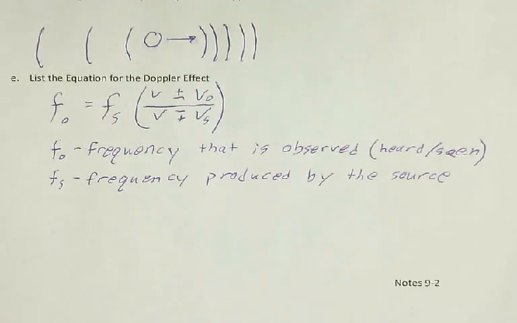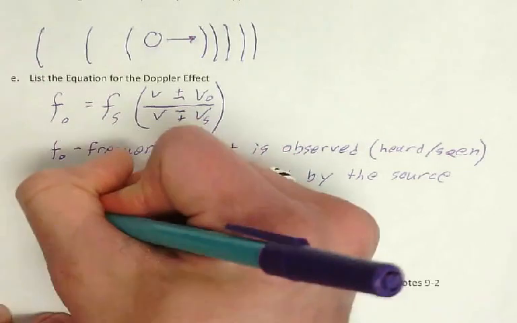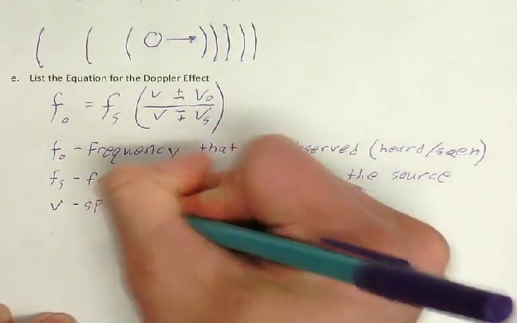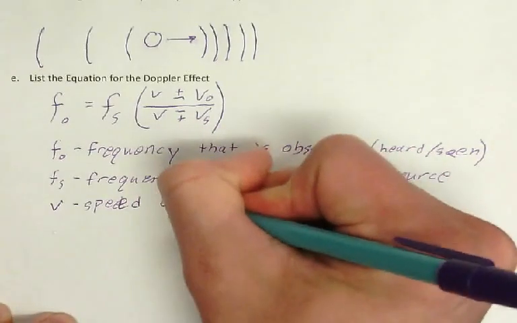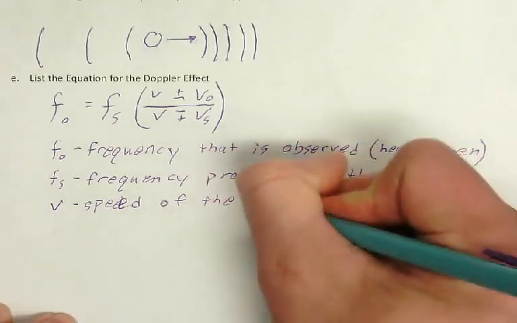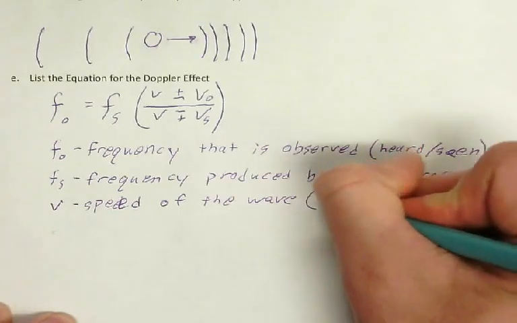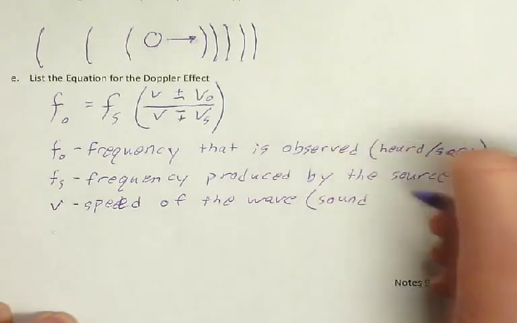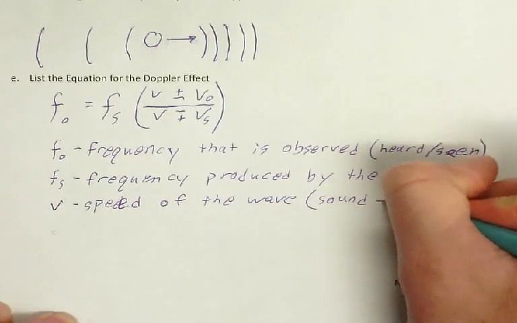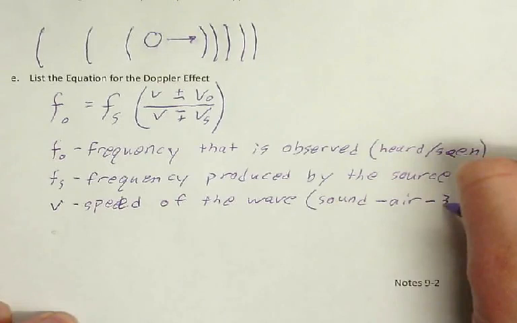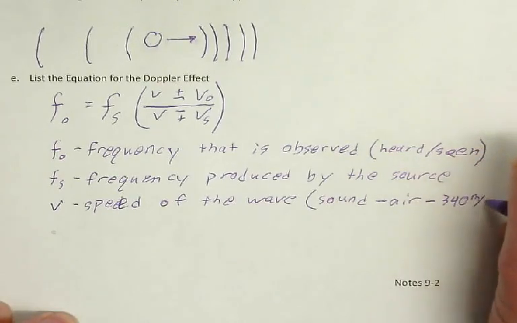All right. V is the speed of the wave. And usually that wave is sound. And if it's sound, it's usually through the air. And if it's through the air, the value is 340. I will give you that number.